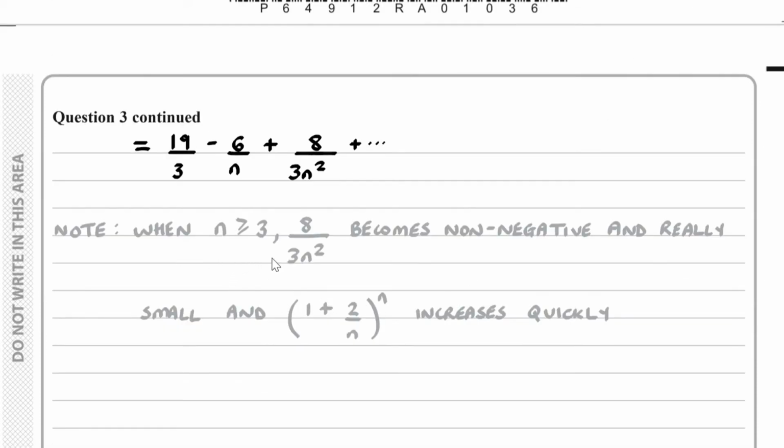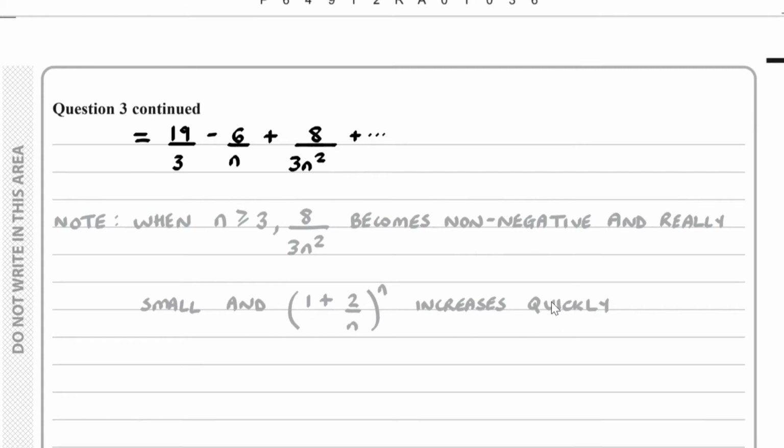Now we need to make a note here. When n is greater or equal to 3, 8 over 3n squared becomes non-negative and really small, and (1 + 2/n)^n increases quickly.